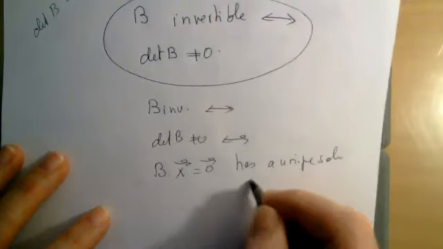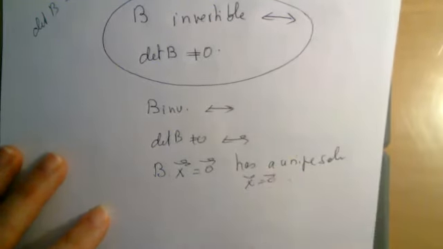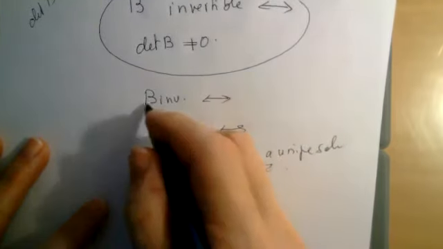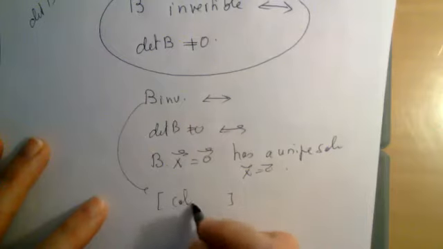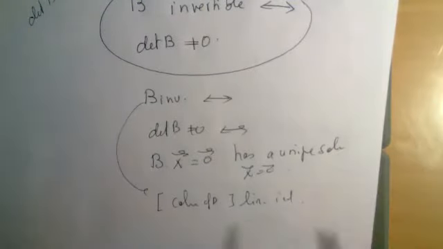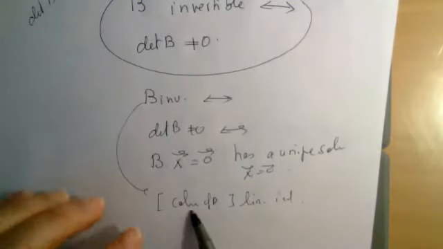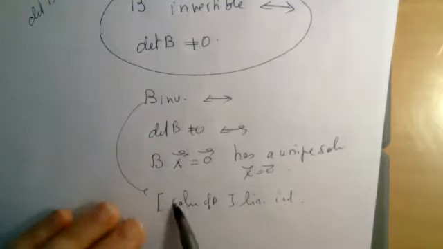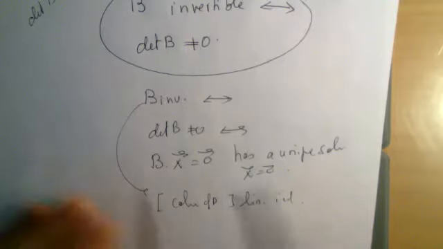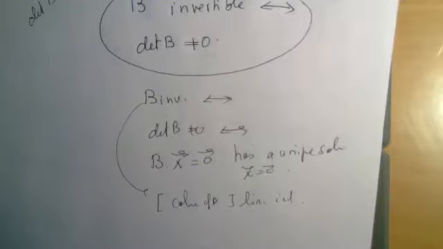Unique solution, namely x equal to 0. And we also saw that the columns of B are linearly independent. But remember, the columns of B represent 3 vectors in R3, 4 vectors in R4, and so on. It doesn't tell me anything if you have 3 vectors in R4. So it's really very restricted to n by n matrices.